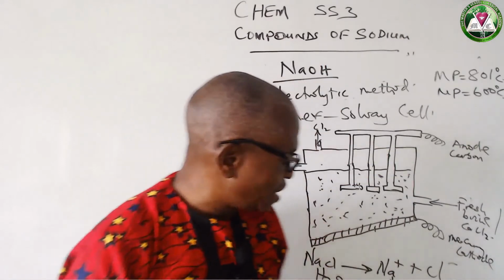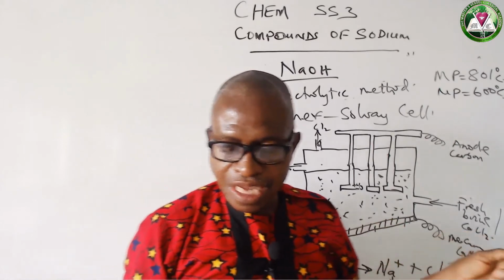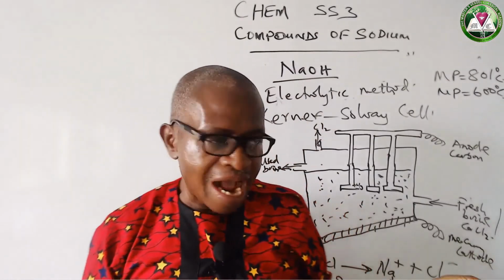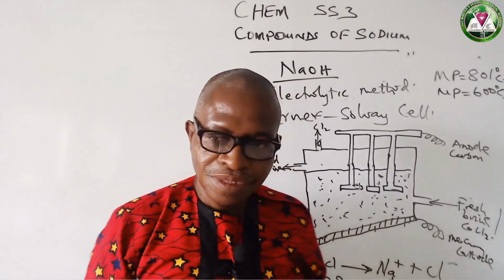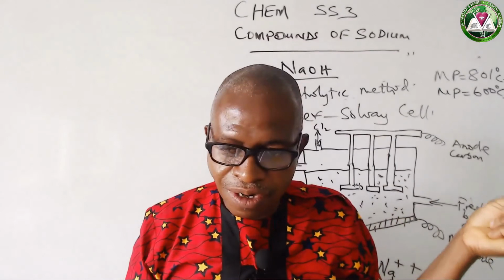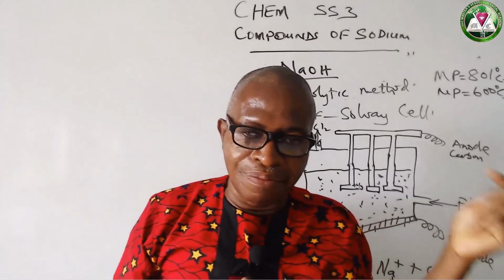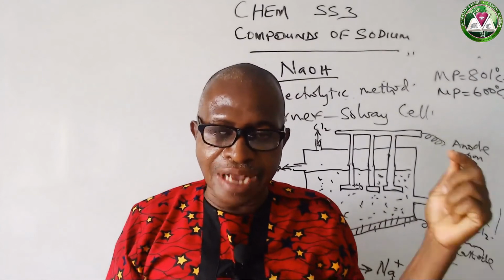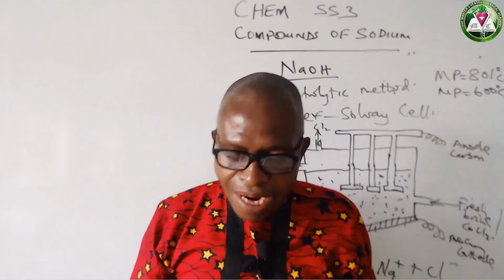You discover that this mercury cathode is a cathode that has affinity with sodium. If you look at the other process we did before, we discovered that sodium and hydrogen ion migrate to the cathode, but hydrogen is deposited. But in this case now, two of them will migrate.